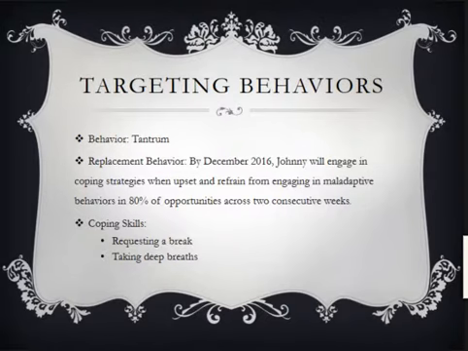Then obviously shaping that language so that it's more appropriate, like I need to take a break, or I want to be alone. For a 4-year-old or a 5-year-old that would be more age appropriate than trying to teach them to take deep breaths. We're trying to get them to calm down. But for an older kid, take a deep breath, cool off a little bit, that would be more appropriate.